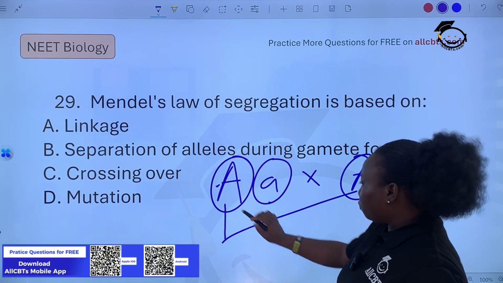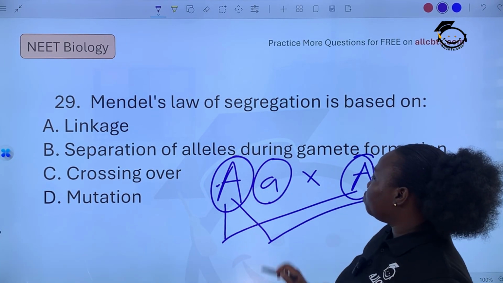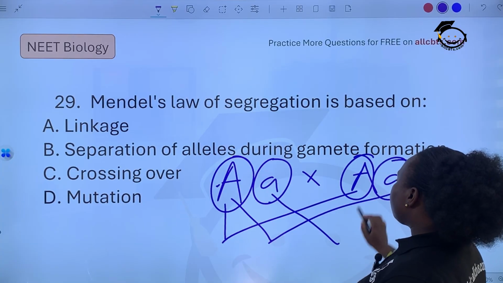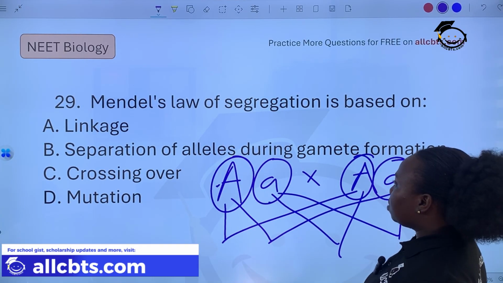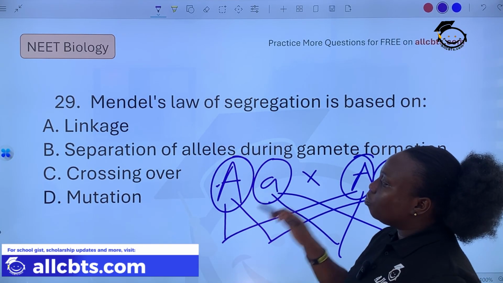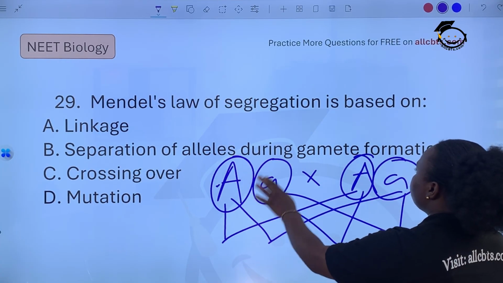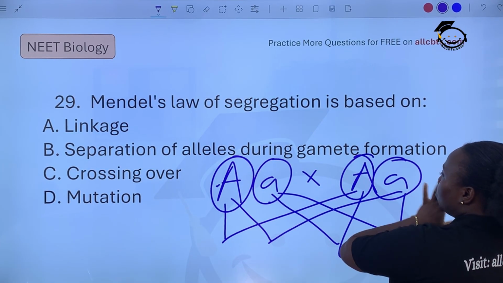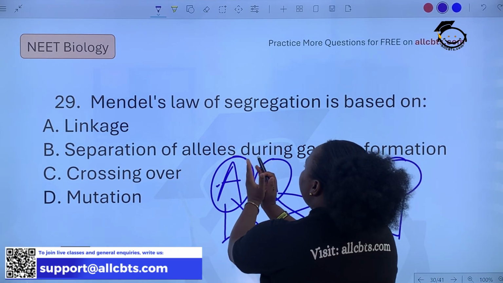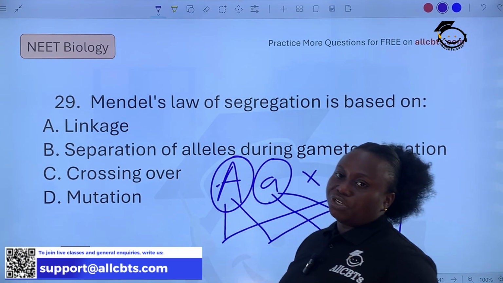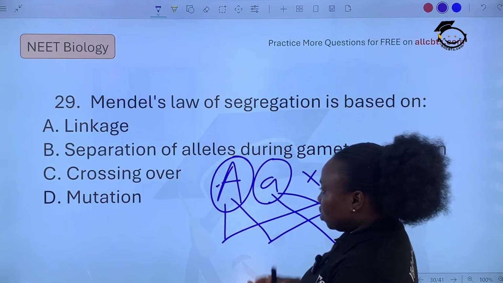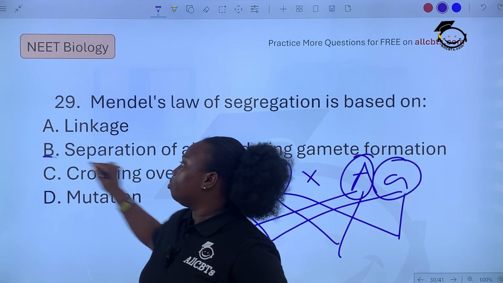This one also will singly cross with this. This one will singly cross with this. And that looks like option B, separation of alleles during gamete formation. So that means they will separate when gametes want to be formed. They will not be formed together. That's option B.